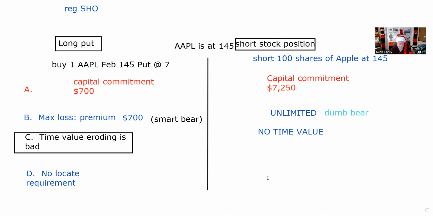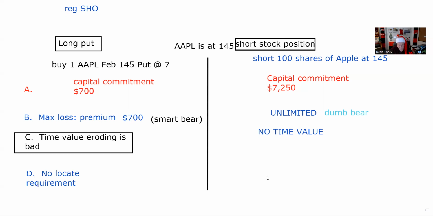And if so, we can lend you the stock and you can go short, or it's on a list that's easy to get. But that is true: there is no locate requirement to buy a put on Apple. Boom, you can make it happen right now, whereas there is a locate requirement to sell short the stock. Okay, so the answer here was C.